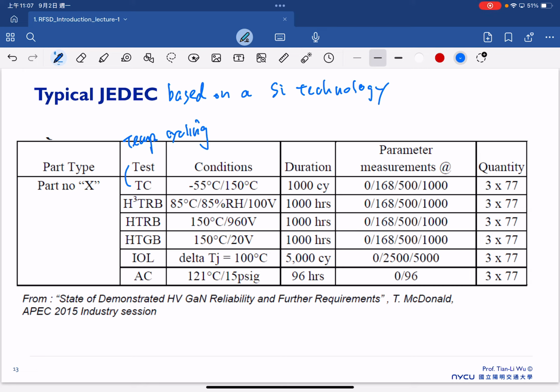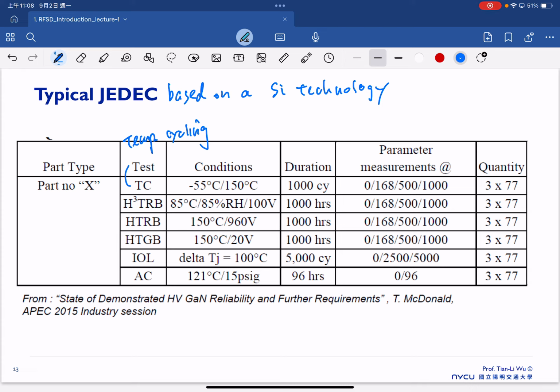You not only have the substrate, you probably have a lot of dielectric, lots of material on top. In the end, you also have the packaging, the bonding, and so on and so on. And the issue is that all this material will have what we call the temperature coefficient. That's the thermal expansion coefficient.